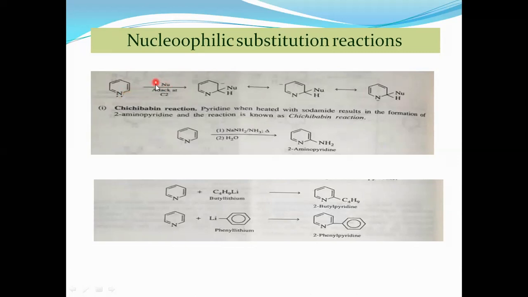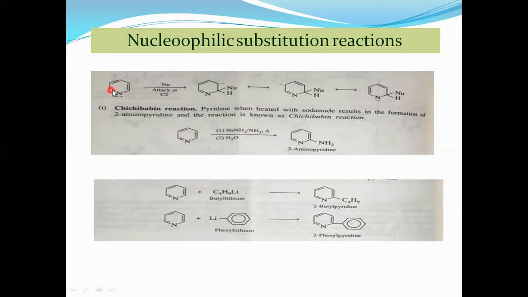So it attacks an electron-deficient center easily. Because of the nearest presence of this nitrogen, which is electron withdrawing, it withdraws electron density from this ring. So the positions nearest to the nitrogen are more electron deficient compared to C3, C4, etc. So it undergoes the nucleophilic substitution reaction at the C2 position.